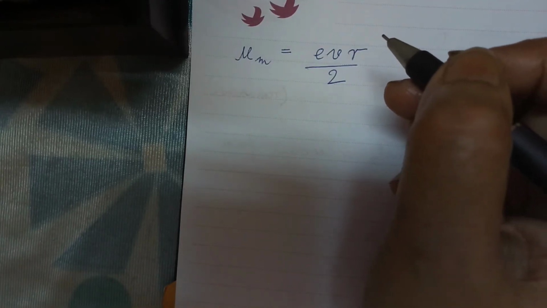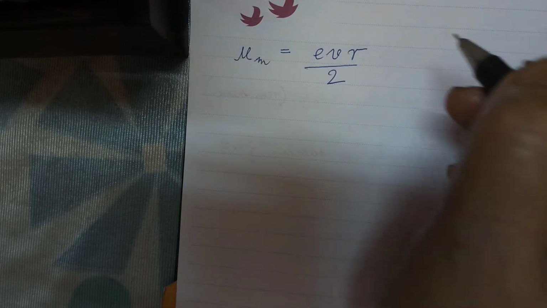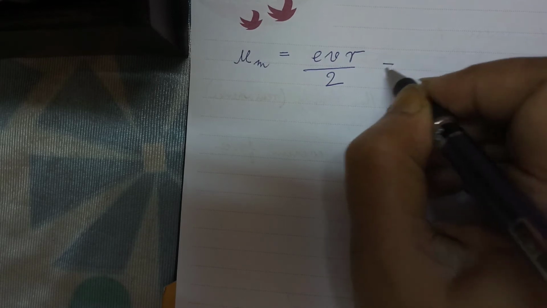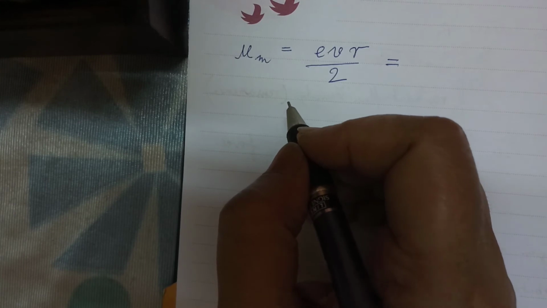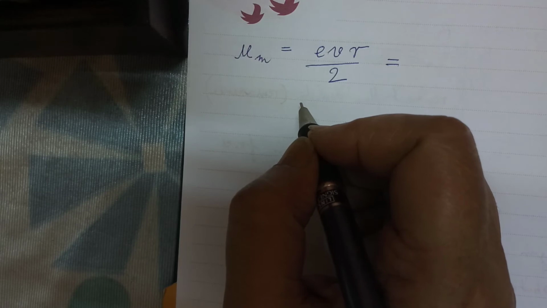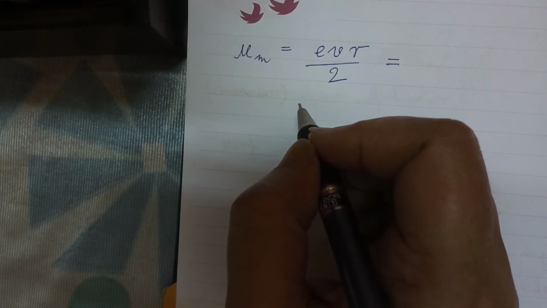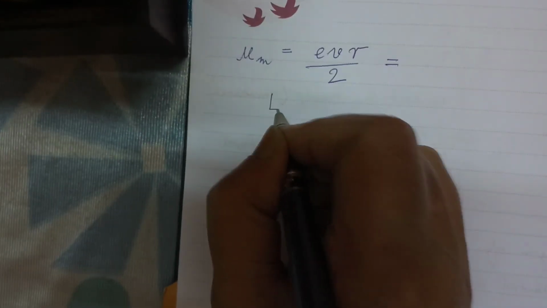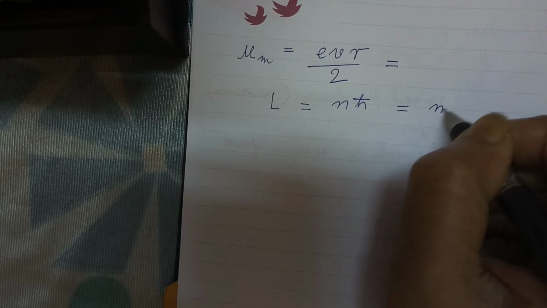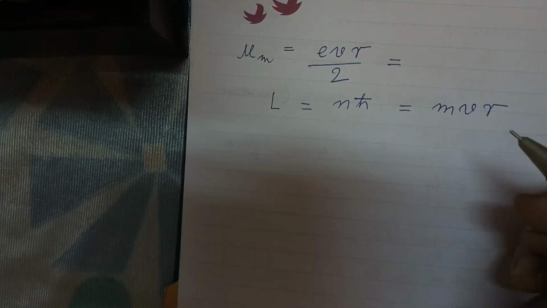So how do we write it in terms of angular momentum L? L, we have already said, what is L equal to? L is equal to n h cross, or L is equal to m v r, isn't it?